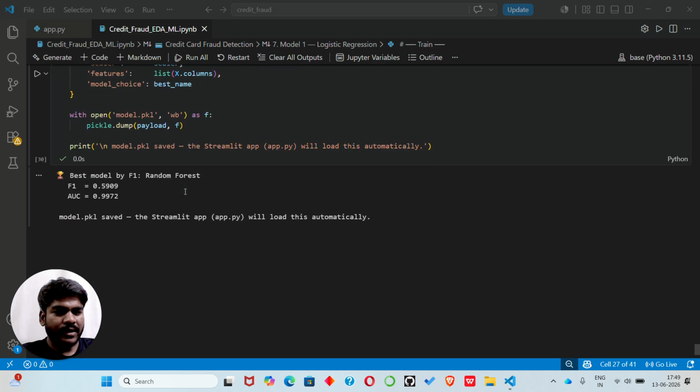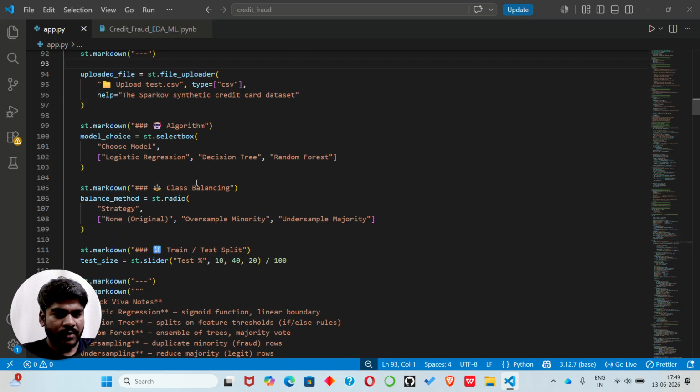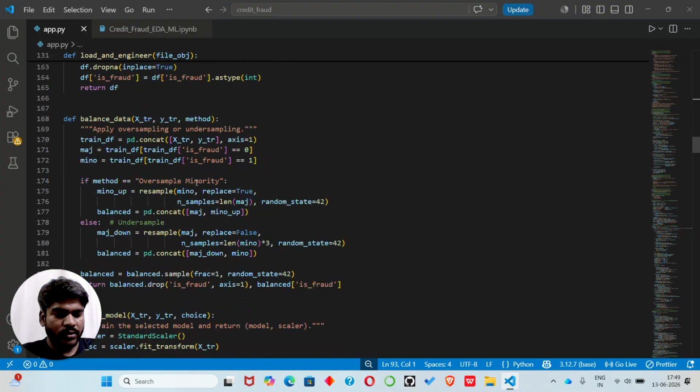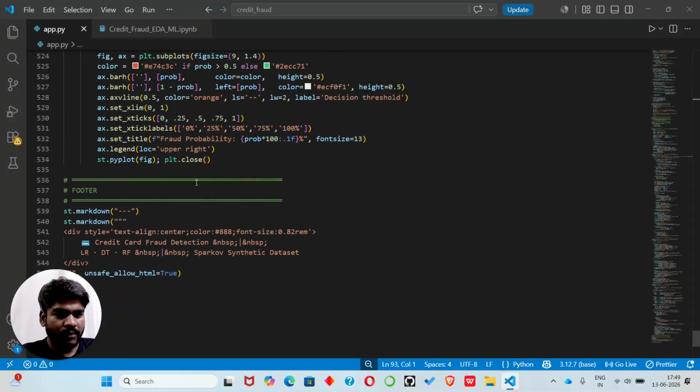Now we will see the front end part of this project. This is my front end code. I have used Streamlit here, and now we will run it.